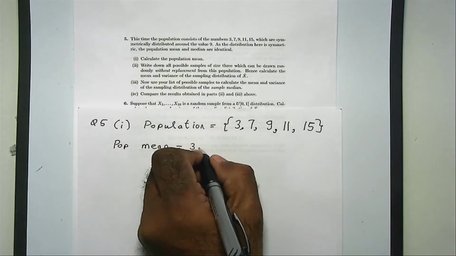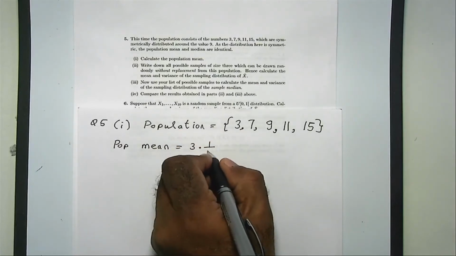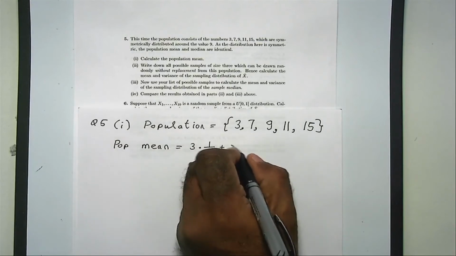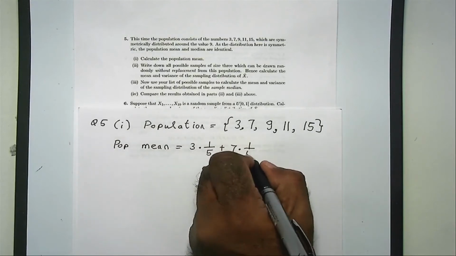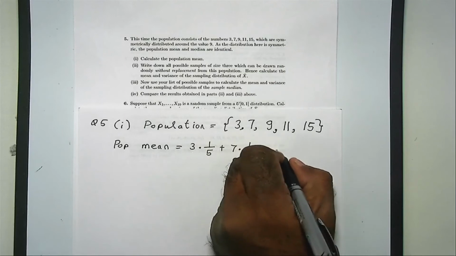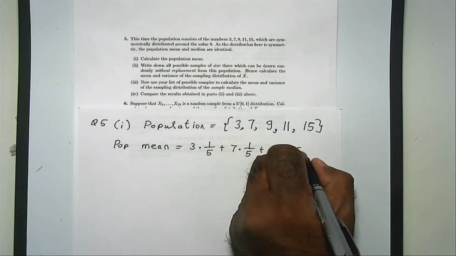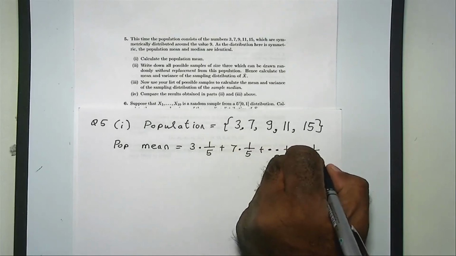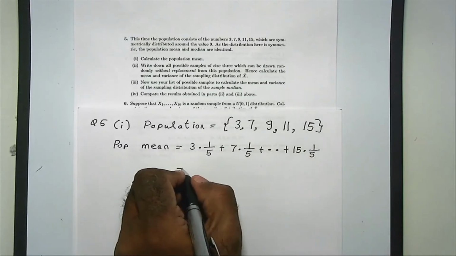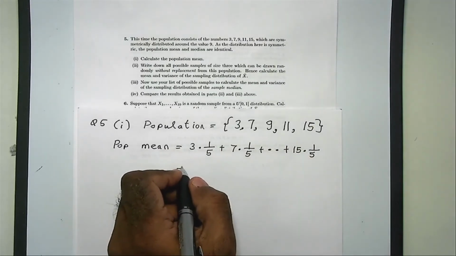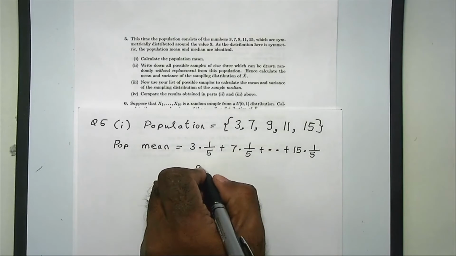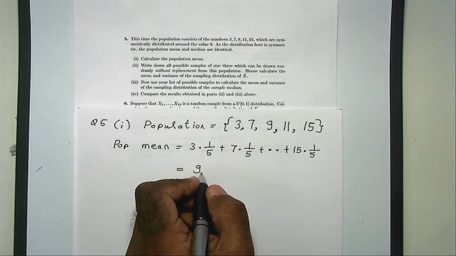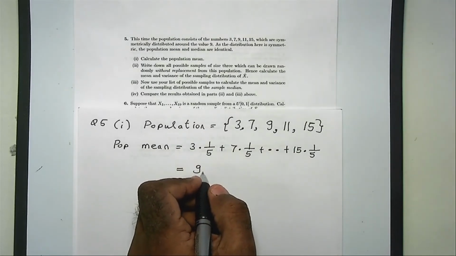So it's going to be 3 times 1 over 5 plus 7 times 1 over 5 and so on until 15 times 1 over 5. Right, so if you compute this, you will get the population mean to be equal to 9. Okay. All right.